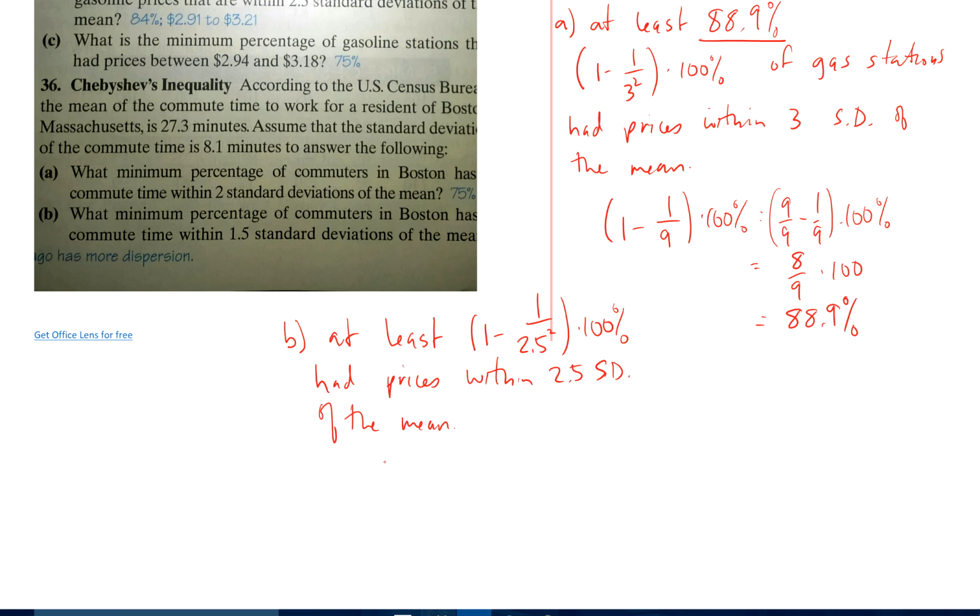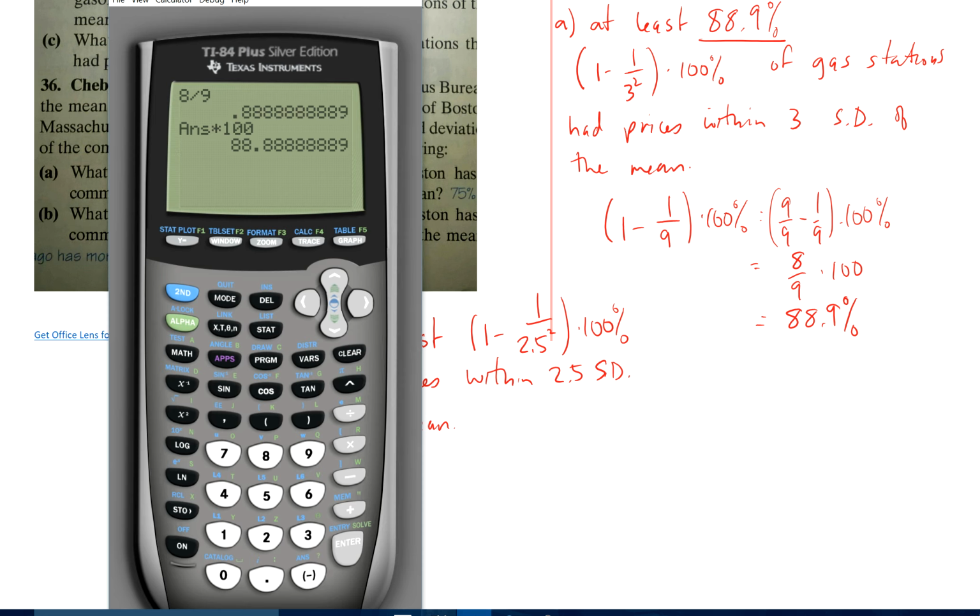Well, what is that? 1 minus, well, let's do 1 divided by 2.5 squared. It does order of operations. It'll square it first. 0.16. And I'm going to do 1 minus second answer.